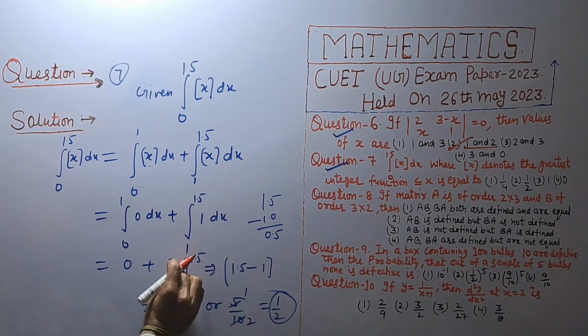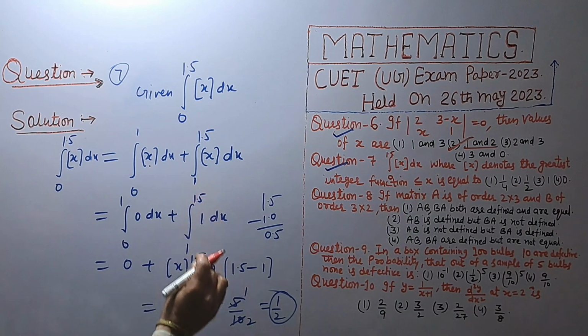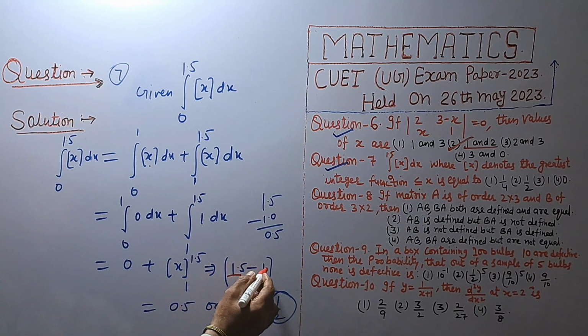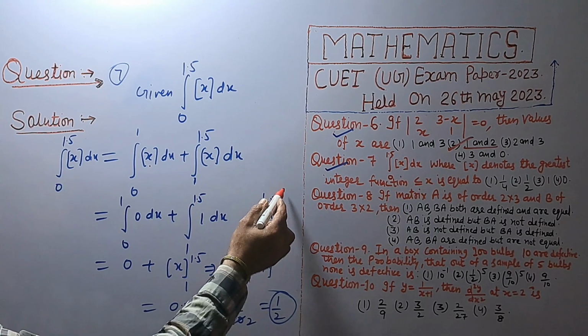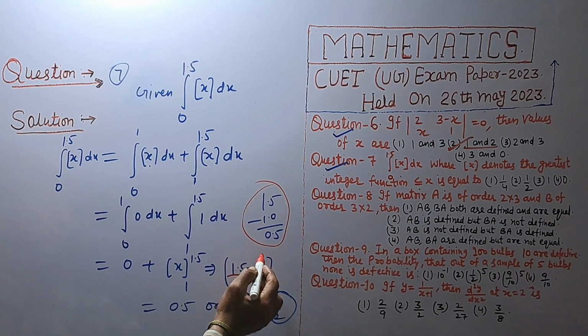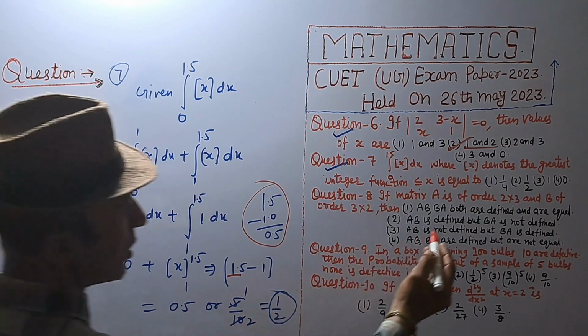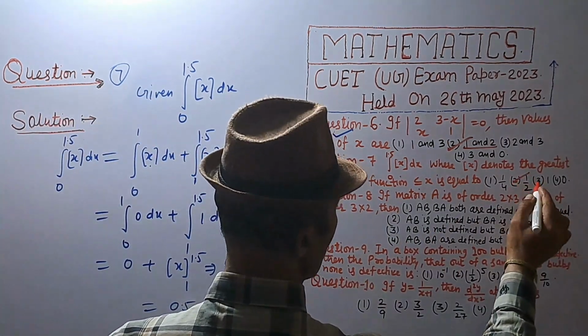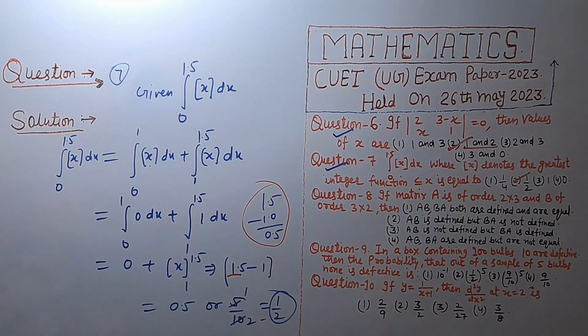Integration of 1 is equal to x, and upper limit 1.5 minus lower limit 1, 1.5 minus 1, that is equal to 0.5, or 0.5 can be written as 5 upon 10, that is equal to 1 upon 2. Option 2. Option 2 is the correct answer.